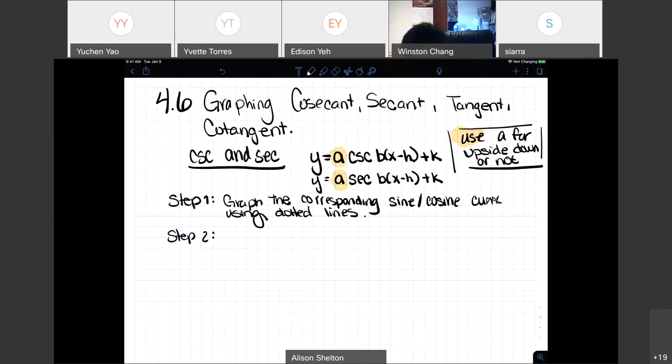Step 2, we're going to make the midline points become asymptotes. And we're going to flip everything else upside down.